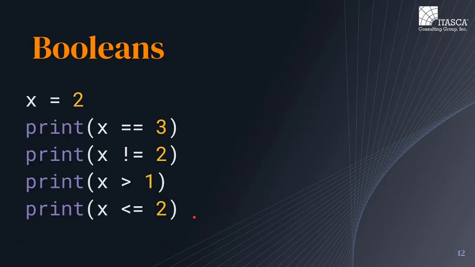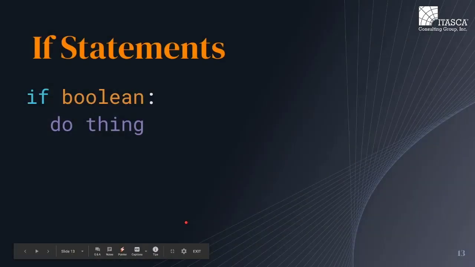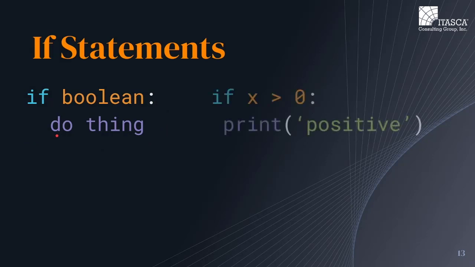Now, if statements can be used within Python to dictate whether some code should be executed based upon a Boolean. So the syntax of if statements in Python is the if keyword followed by some Boolean, colon, and then on the next line, indented forward, your code.